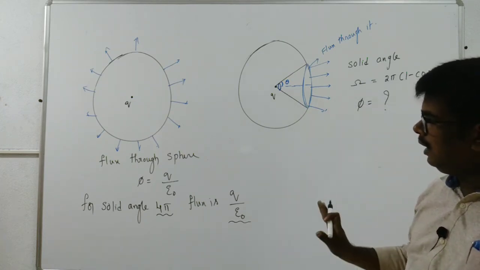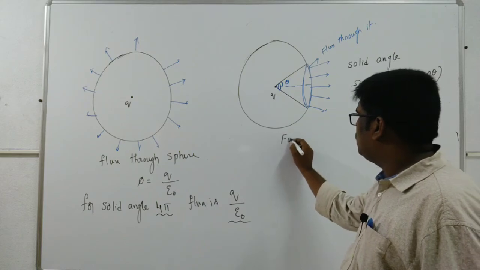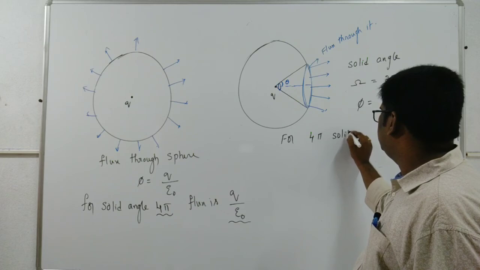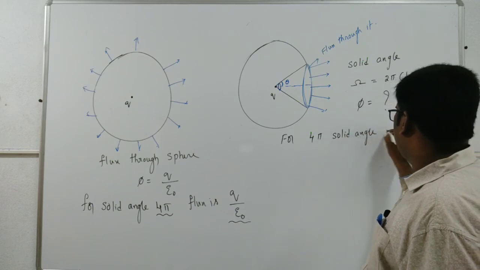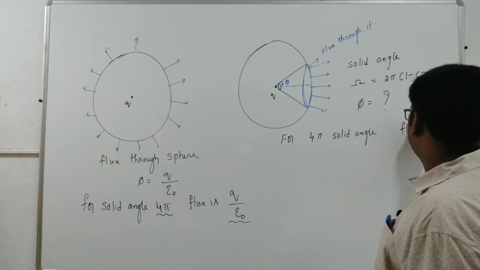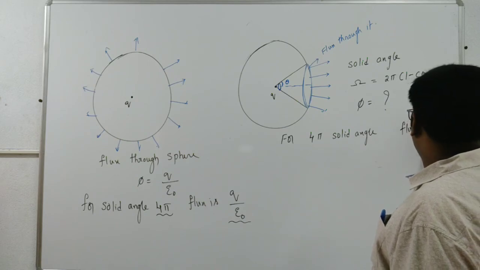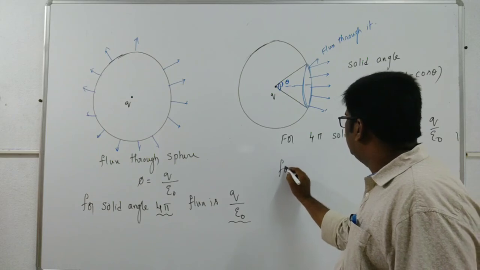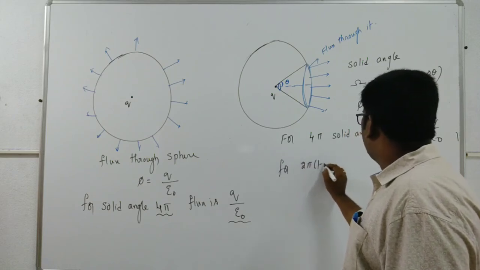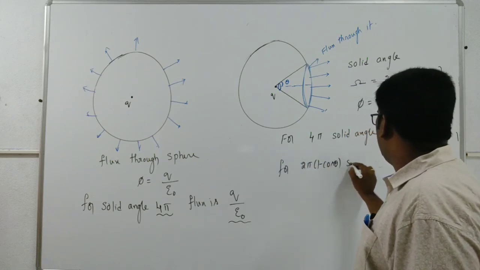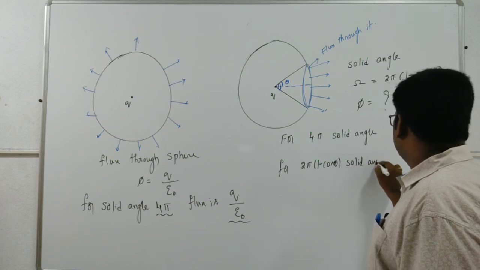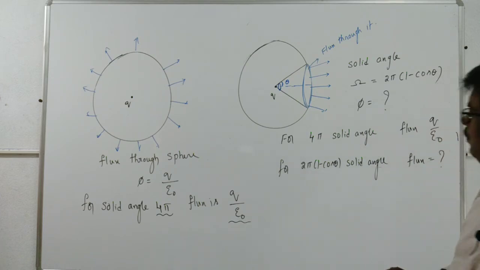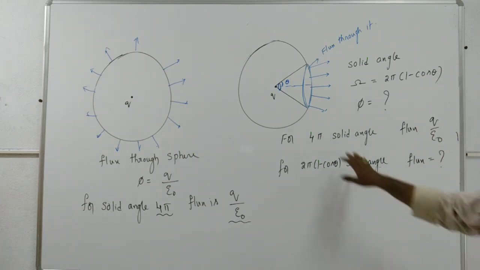So I am clearly telling, for 4 pi solid angle, flux is q by epsilon naught. For 2 pi into 1 minus cos theta solid angle, flux is what? Understand clearly.